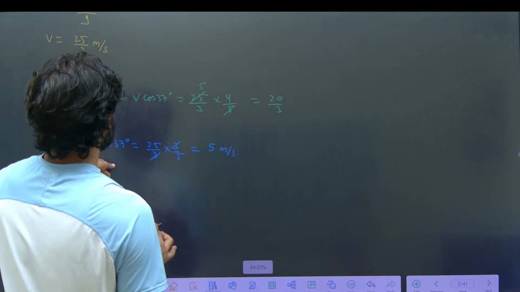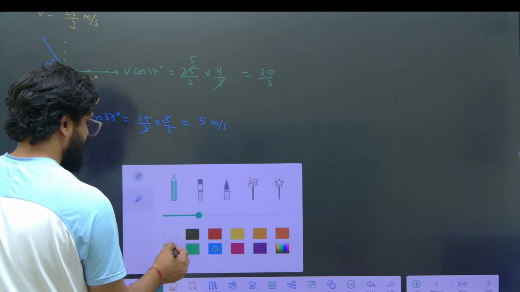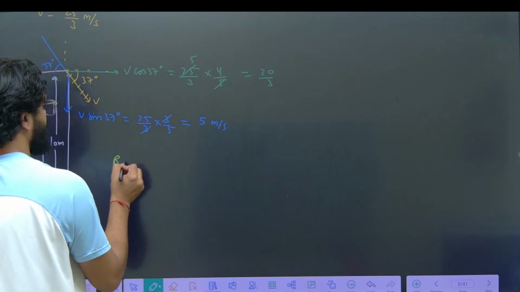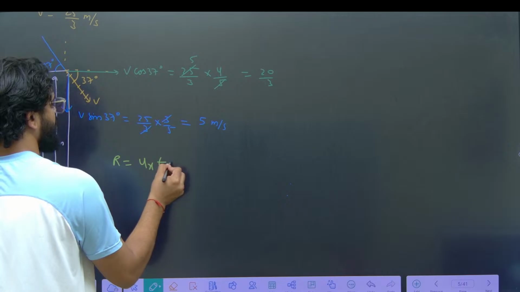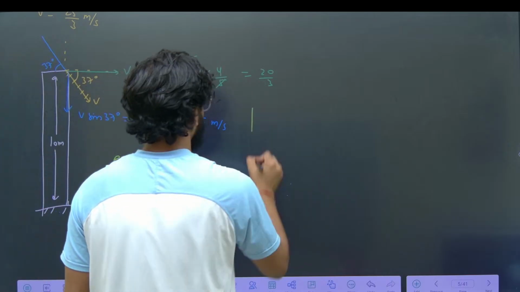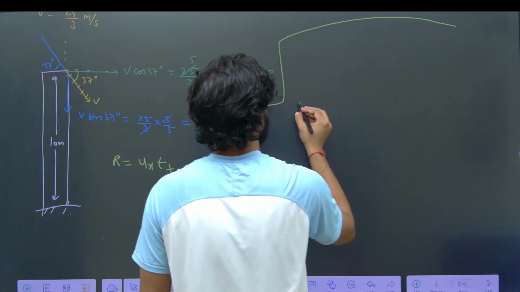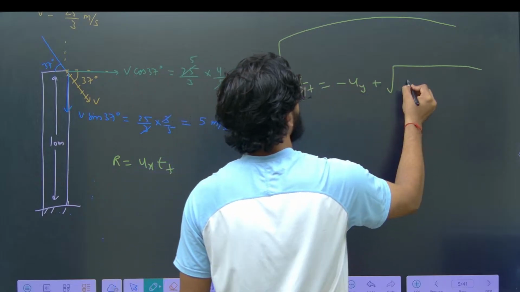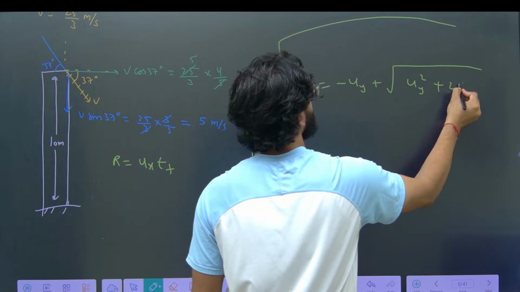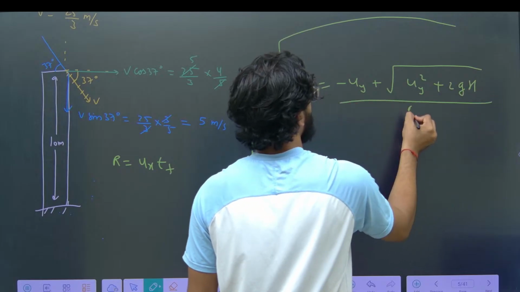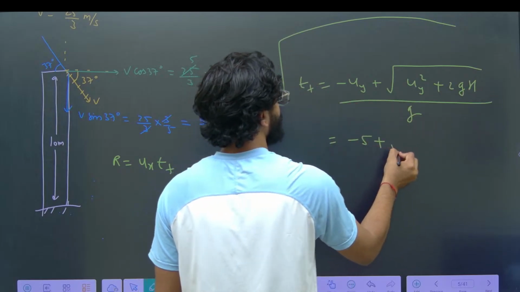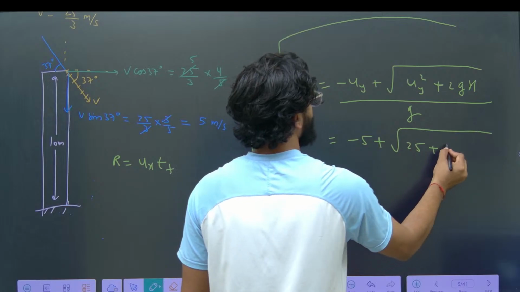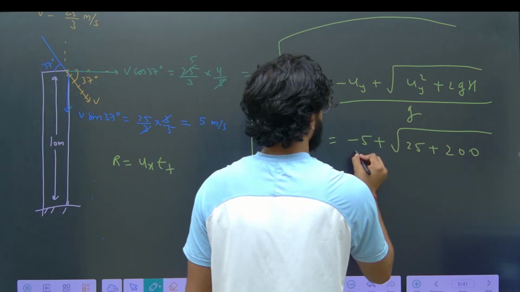So range will be nothing but ux into time of flight. Let's calculate time of flight separately one more time. Time of flight is minus uy plus under root uy square plus 2gh, upon g. So that is minus 5 plus under root 25 plus 200, now it is coming very good.